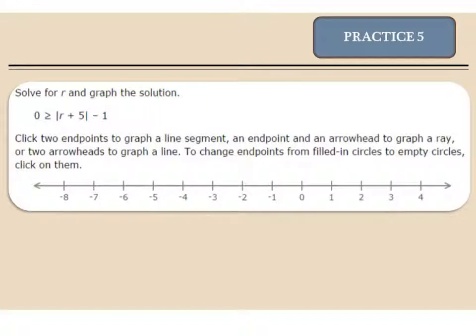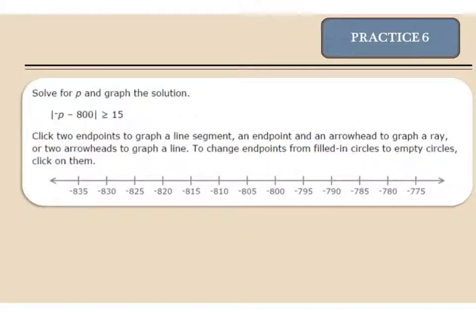Stop the video and solve the practice problem now. And practice 6. The absolute value of negative p minus 800 is greater than or equal to 15. Stop the video and do the practice problem now.